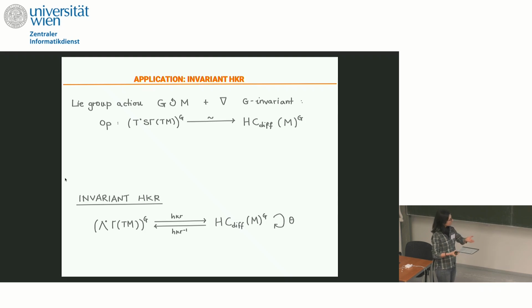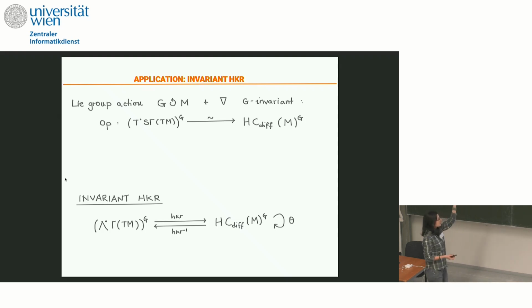Putting the two things together, the equivariant symbol calculus and the Van Est maps commuting with actions, we do get invariant HKR. As I said, there are more applications. This is just to give you a taste of what's going on.